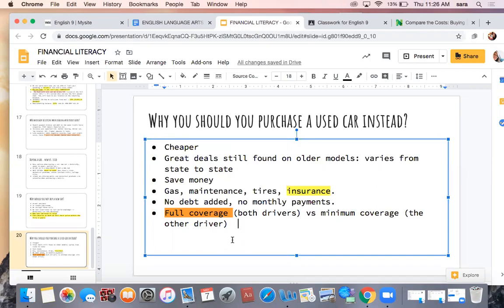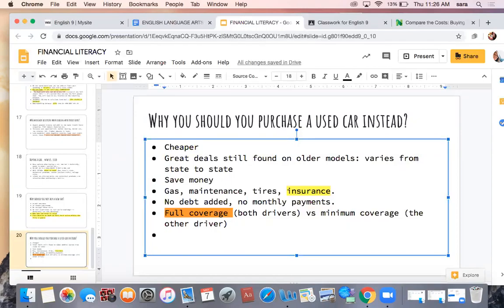So you can either do that while you're buying the car, or the very next day you need to go get full coverage insurance. And depending on how new your car is, insurance can be as expensive as $250 a month, which is a lot of money. It's almost like another payment, right?